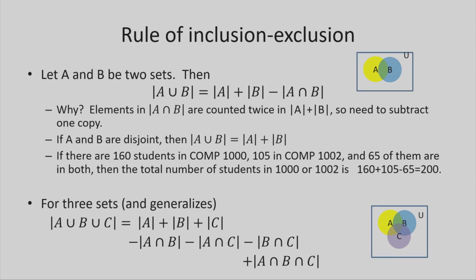So now we need to add that number back in. And this is what gives you this formula. And you could go and figure out the formula for any number of sets. Remember that the general rule is you sum at one level, then you subtract at the next level, then you add again, then you subtract again, and you go until you get to the intersection of everything.